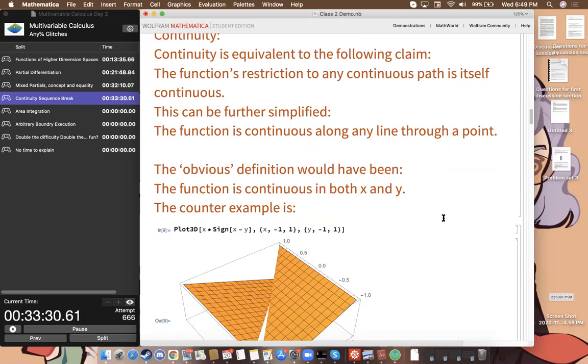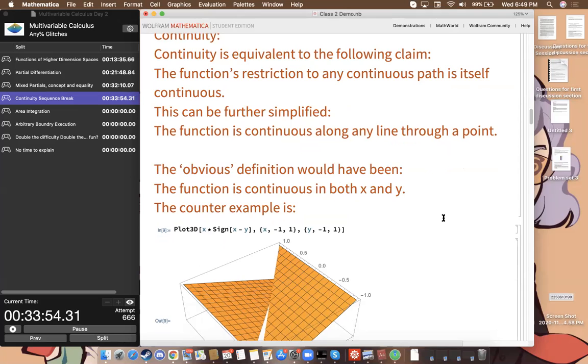And a further simplification, which comes from the claim that you can cut curves using straight scissors, is that the function is continuous if it is continuous along any line through a point. So if you take any straight planar cut through a point, the function's continuous through that planar cut, no matter your choice of point or line.